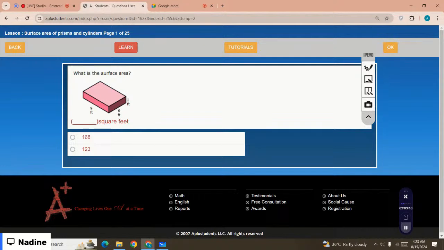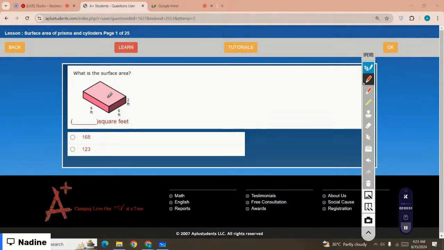So you need to calculate the area of all the faces. As you can see, this opposite side and the one below that you can't see have the same dimensions. So let's calculate the area of this face.